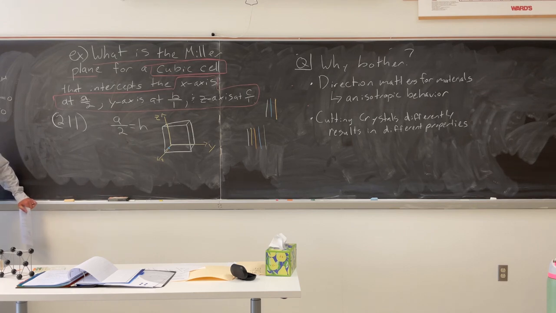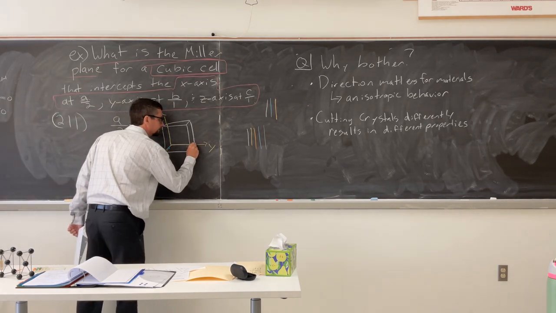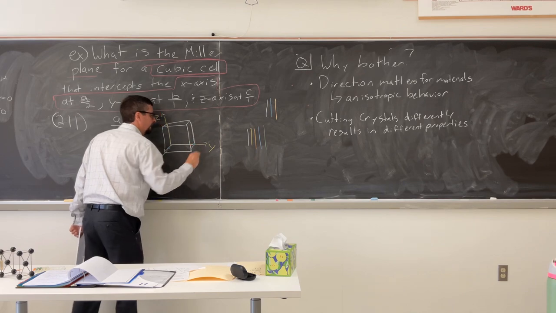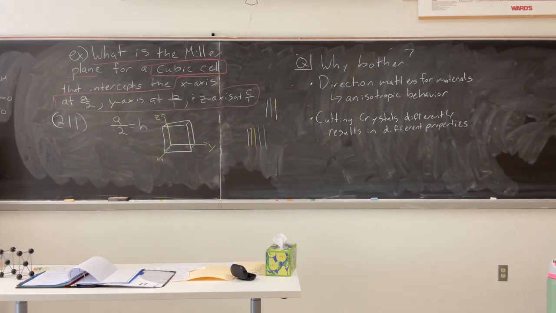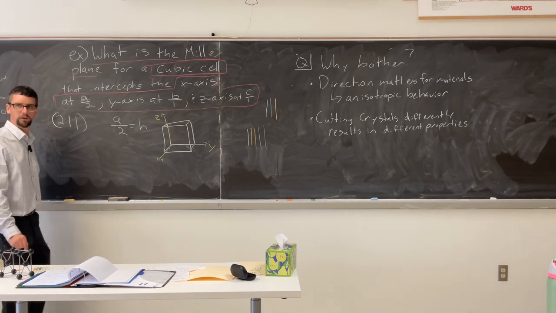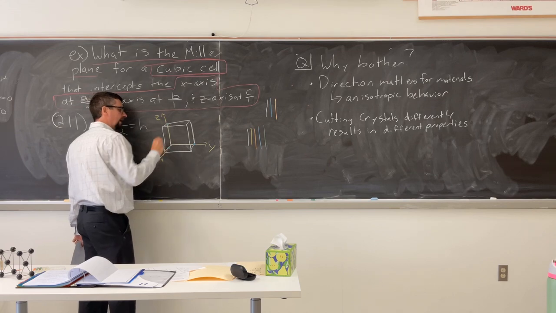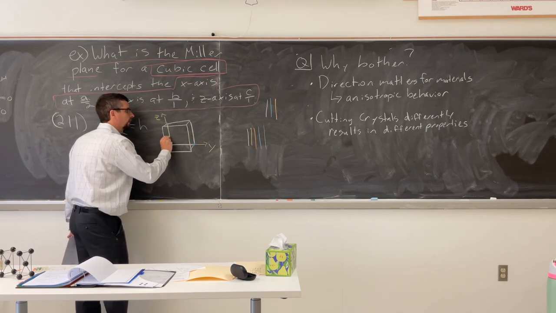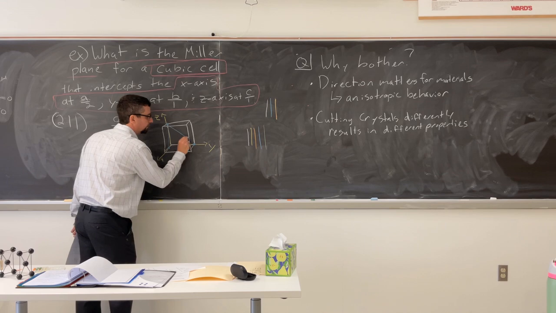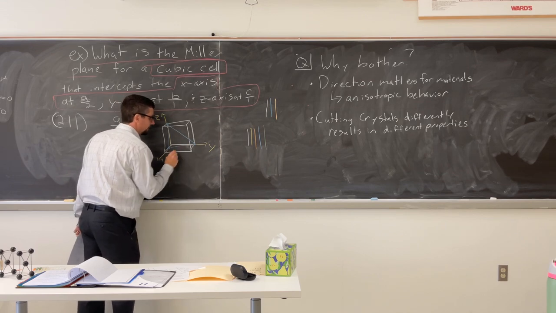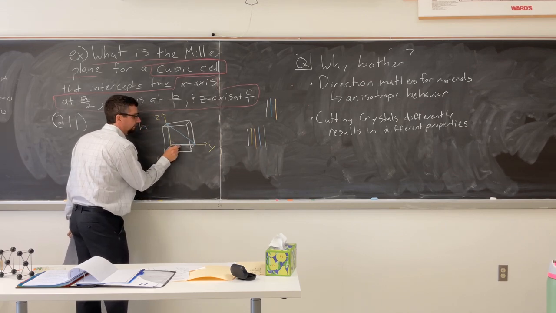The y-axis is at b over 1, the corner. And z is at c over 1, so the corner. Now we draw a plane to connect all those points, and then we shade it in.